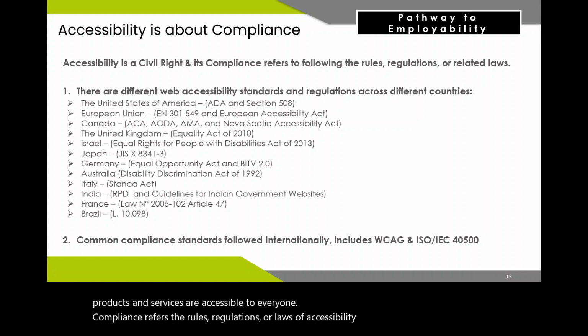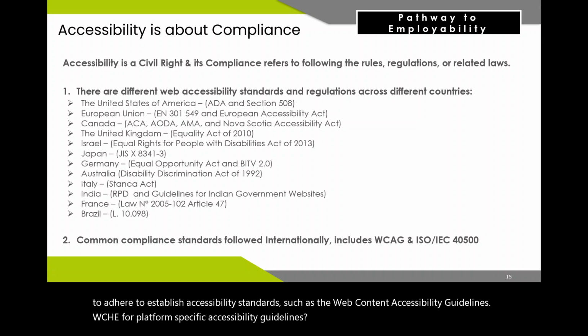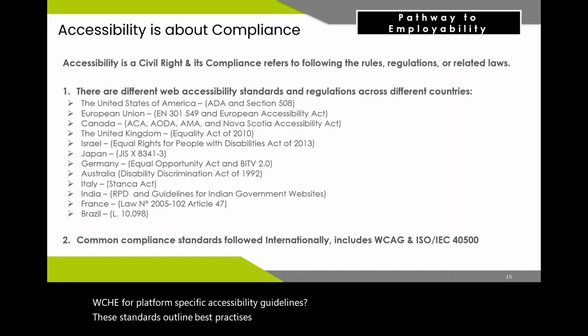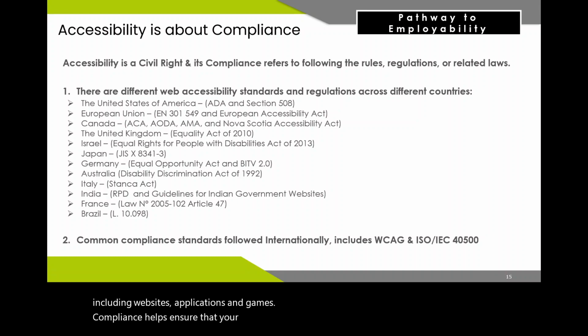Overall, compliance requires us to adhere to established accessibility standards, such as the Web Content Accessibility Guidelines, WCAG, or platform-specific accessibility guidelines. These standards outline best practices and criteria for creating accessible digital content, including websites, applications, and games. Compliance helps ensure that your product meets a set of recognized accessibility criteria.